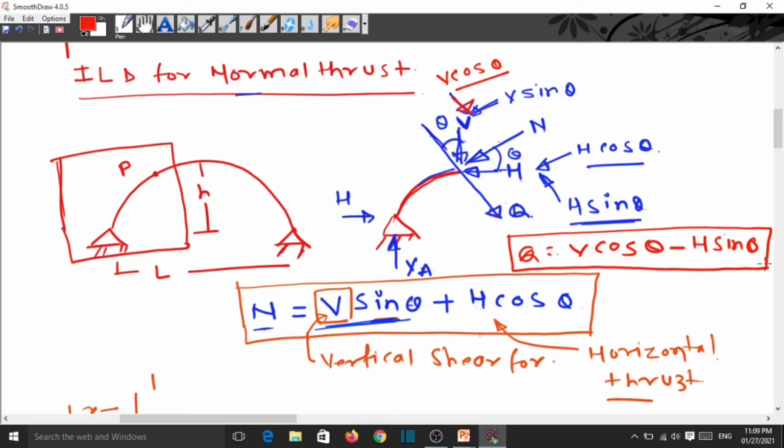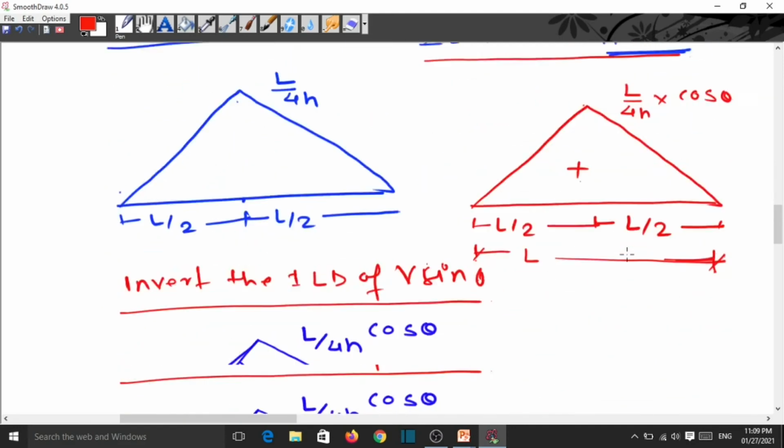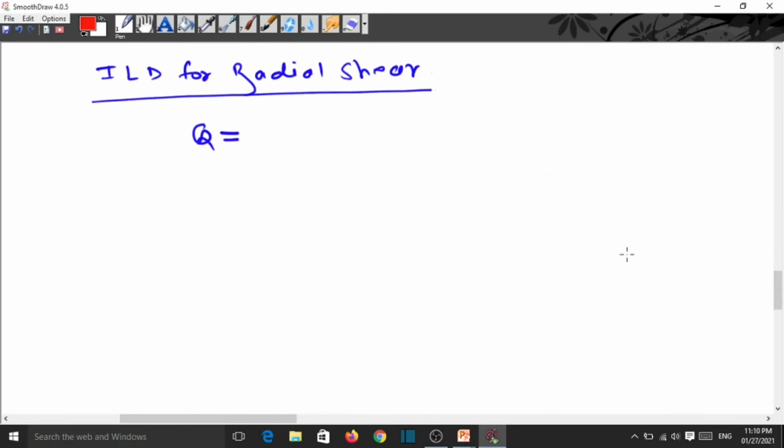So we got the equation of Q: V cos theta minus H sin theta.